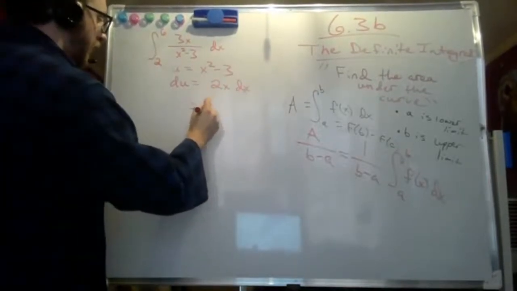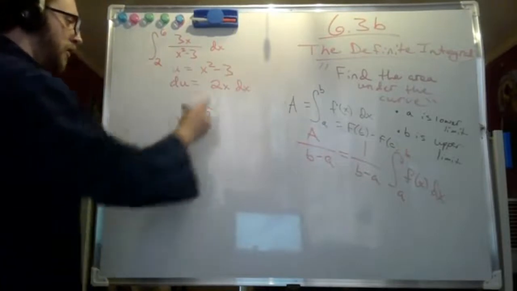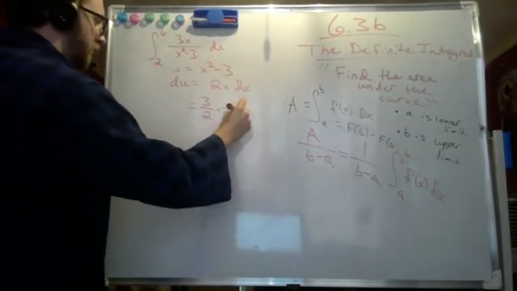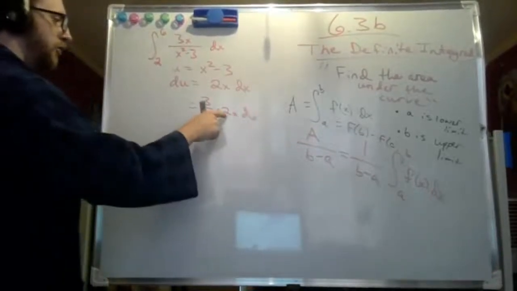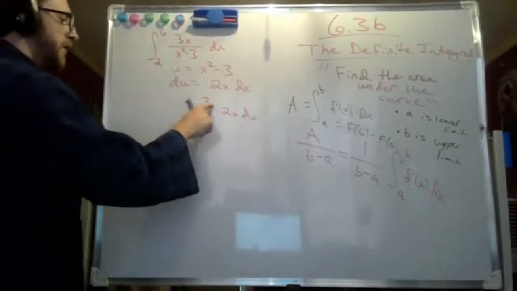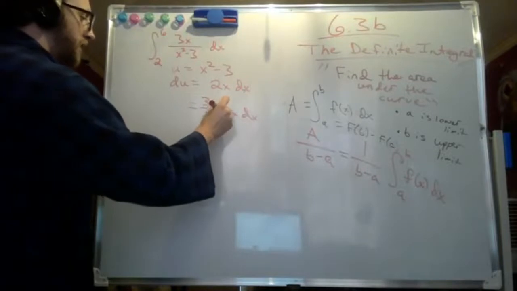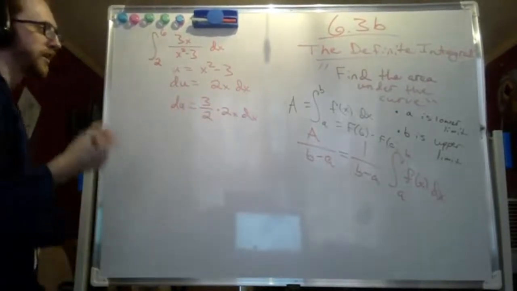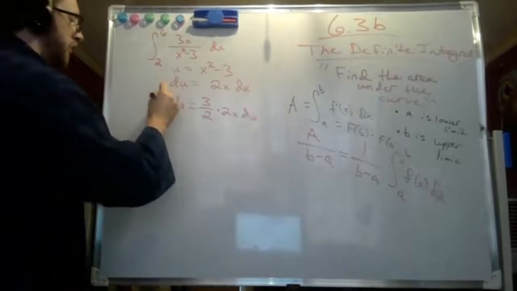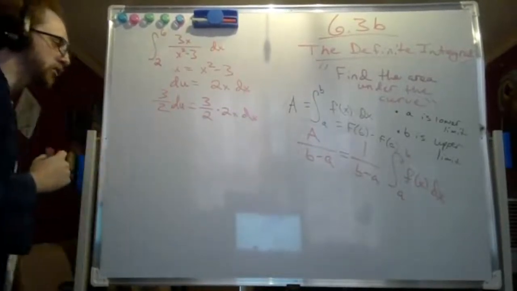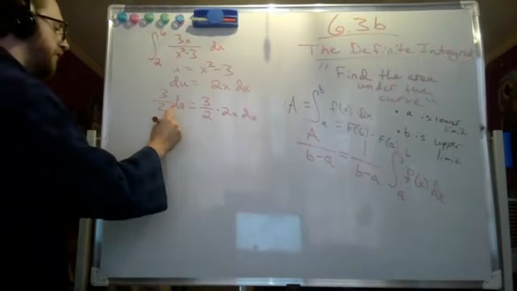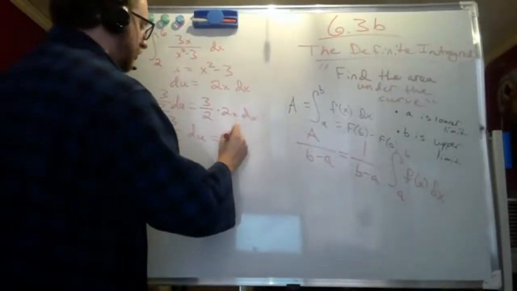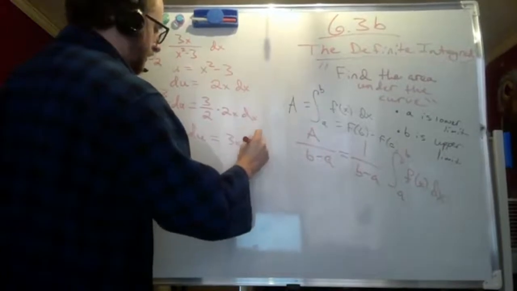So if I divide by 2, but then I also multiply by 3, then 2 divided by 2 will be 1 times 3. I'll be left with a 3x here. But whatever I do to one side of the equal sign, I have to do to the other. So I'll have a 3 halves du over here.